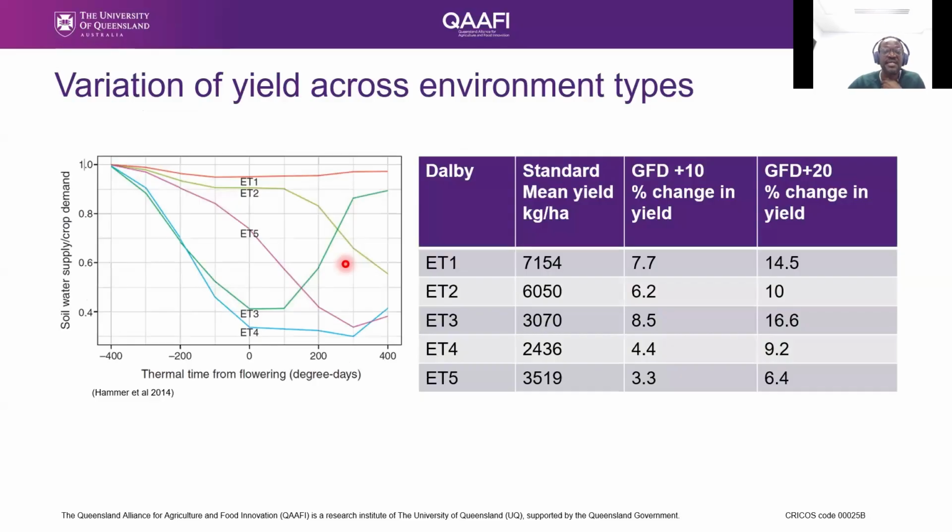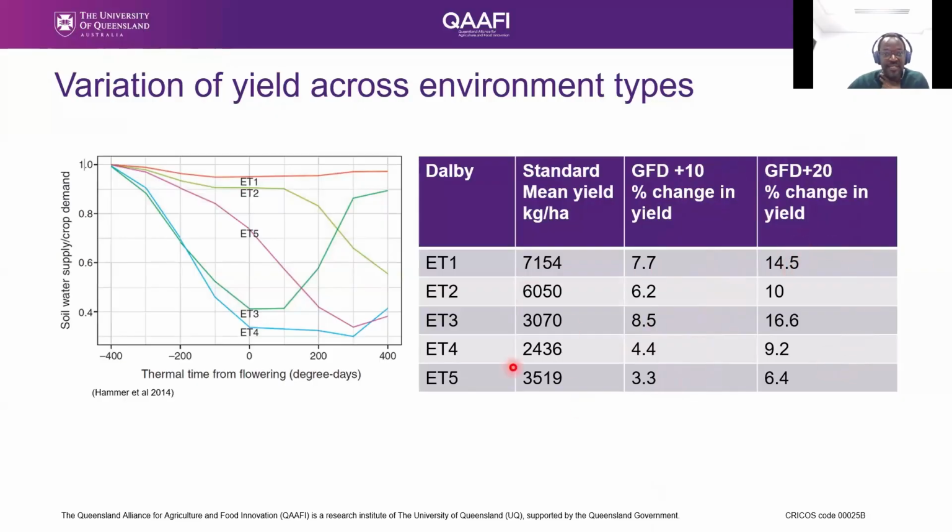And we show that for this standard genotype across the different environment types, we had an increase in yield when grain filling duration is increased by 10%, an increase in yield of between 3 to 8%, and when it is increased by 20%, of between 6 to 14%.